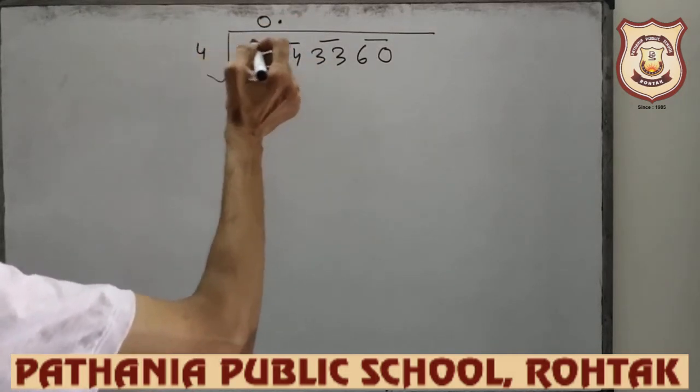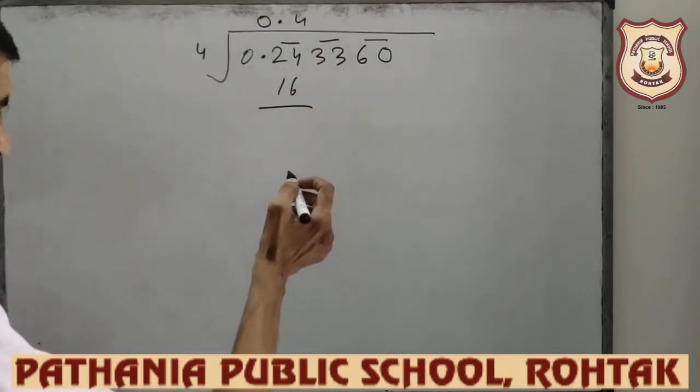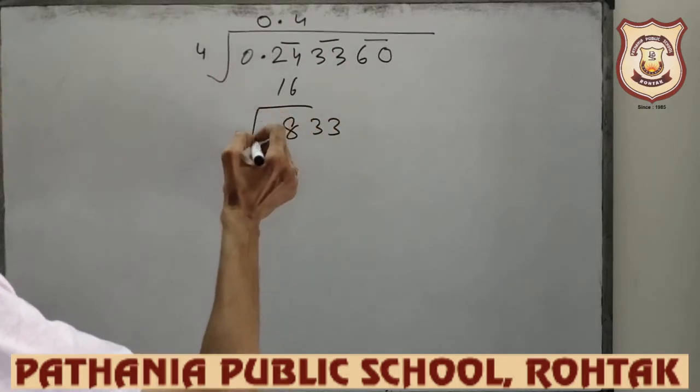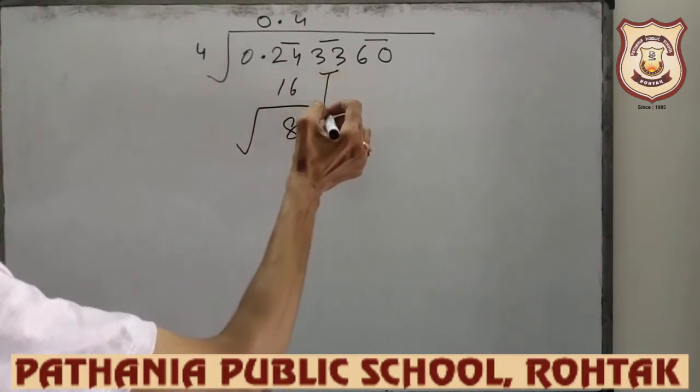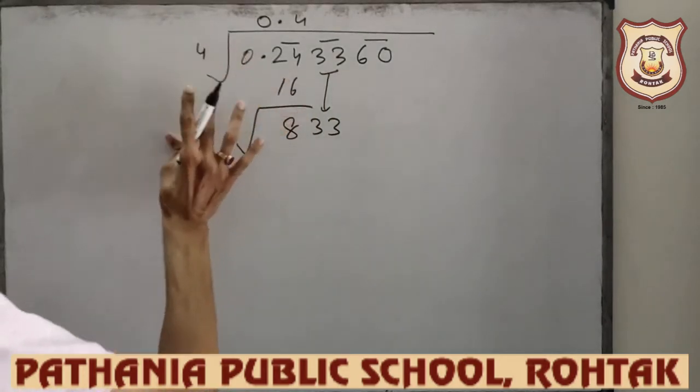Now 24: 4 4s are 16, 5 5s are 25, which is greater than this, so 8 is left. Then the pair 33 comes down. Double of 4 is 8.